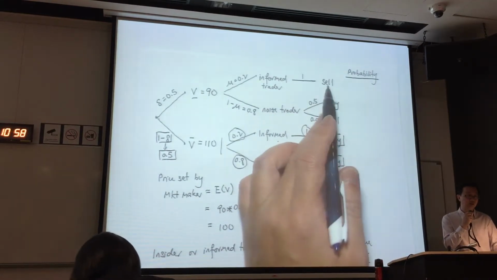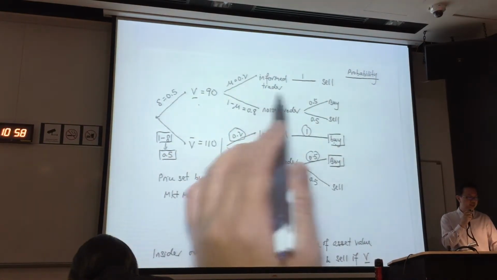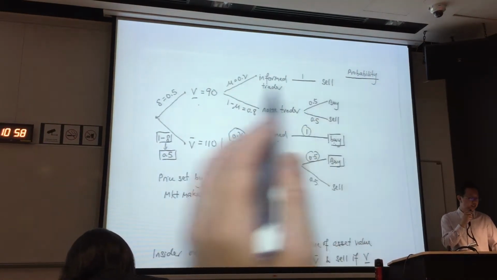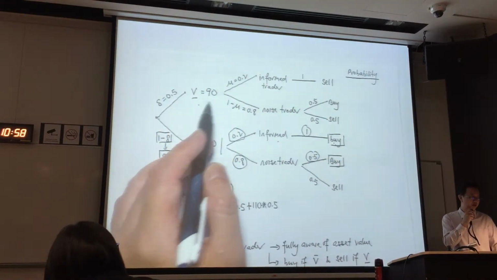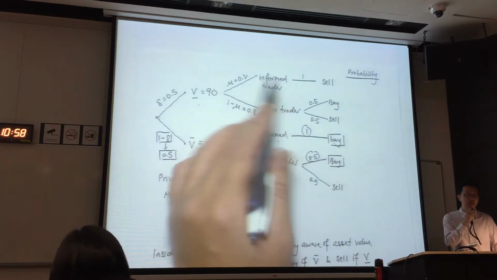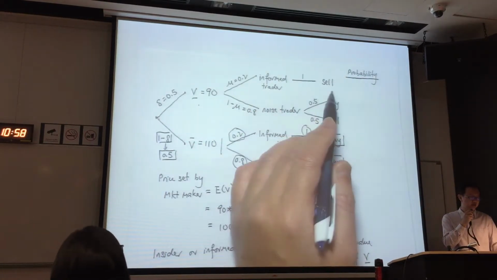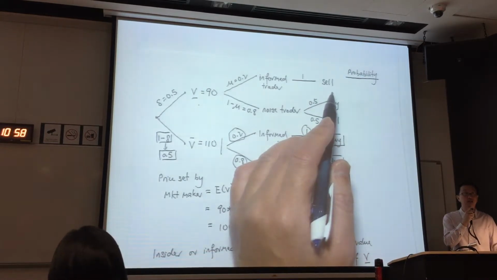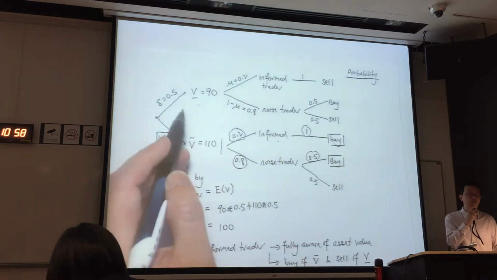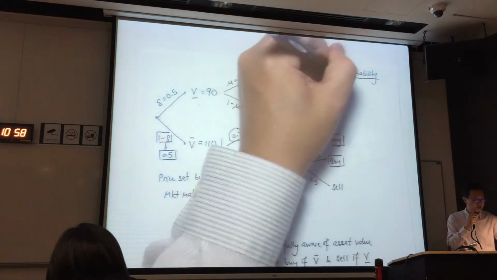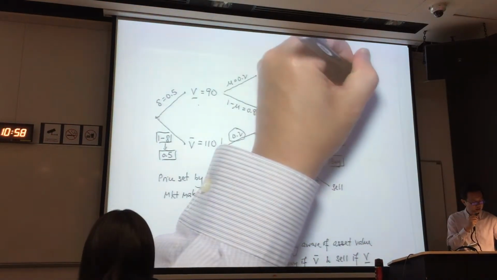For the first scenario, when you refer to the value is 90, and informed trader sells, the probability is 0.5 where the value is 90, multiplied by 0.2 where the informed trader is executing, multiplied by 1 where the informed trader was selling. Understand? So this is the probability of the event sell by informed trader when the value is 90. It's basically 0.5 times 0.2 times 1.